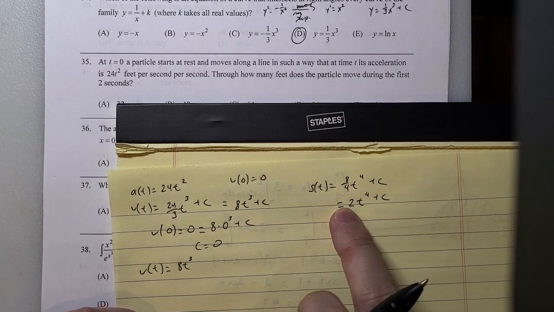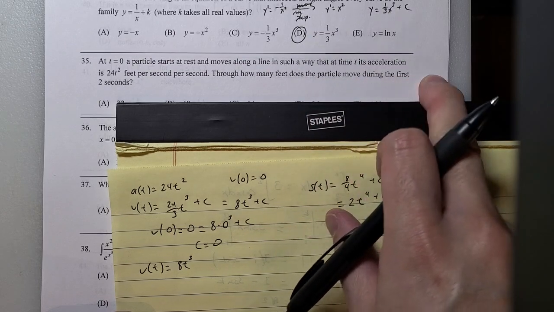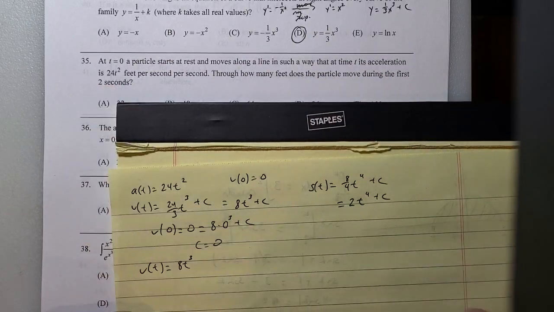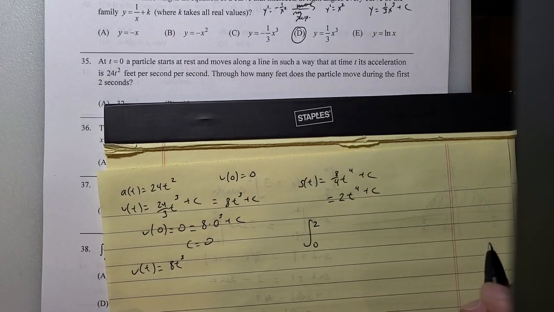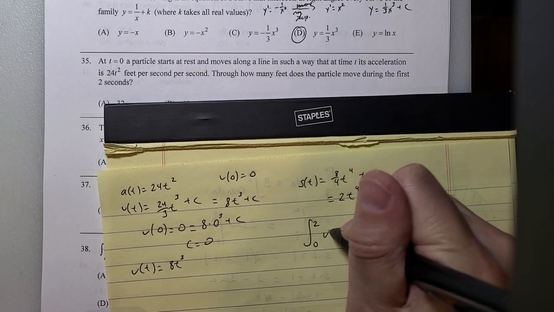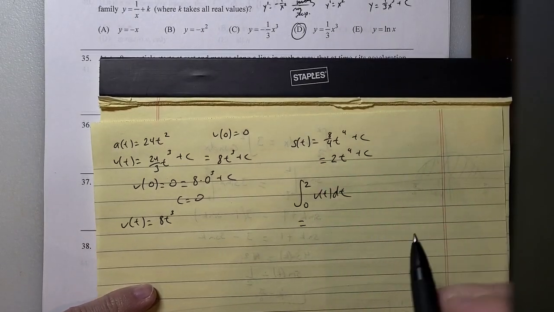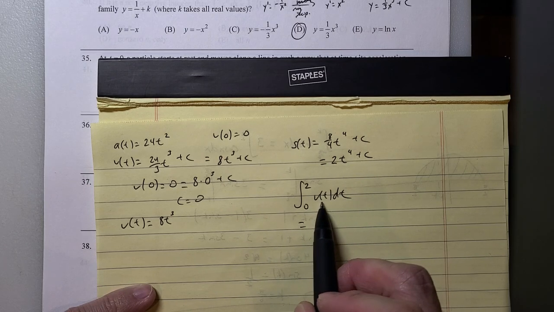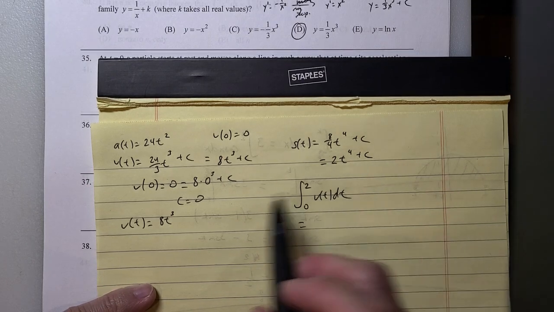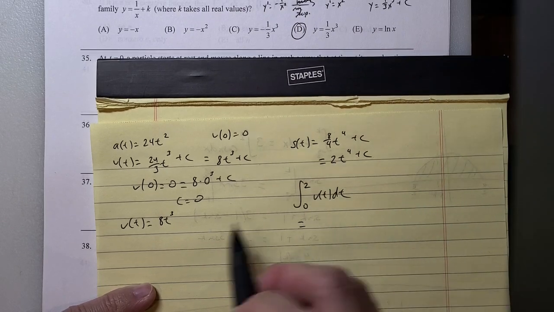Actually, did we even need to do this? It says, through how many feet does the particle move during the first 2 seconds? So we want the definite integral from 0 to 2 of v of t dt. By the way, v of t is always positive from 0 to 2, so it's moving in one direction and we don't have to worry about the sign.